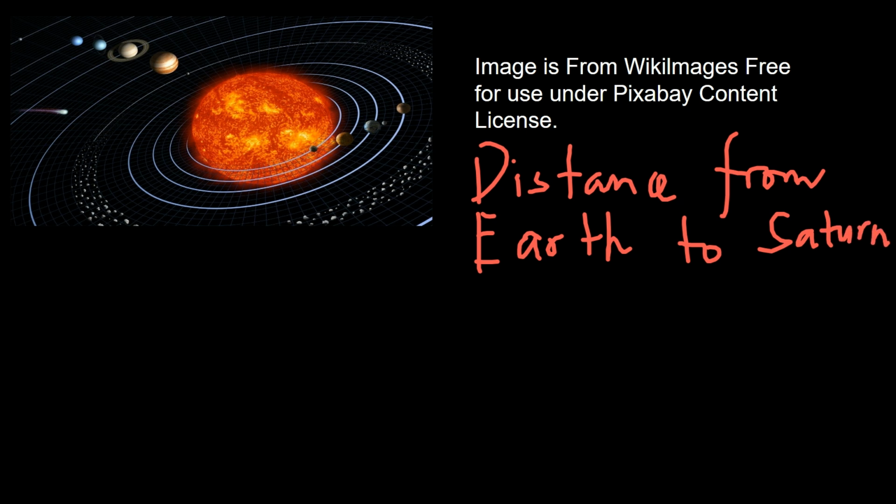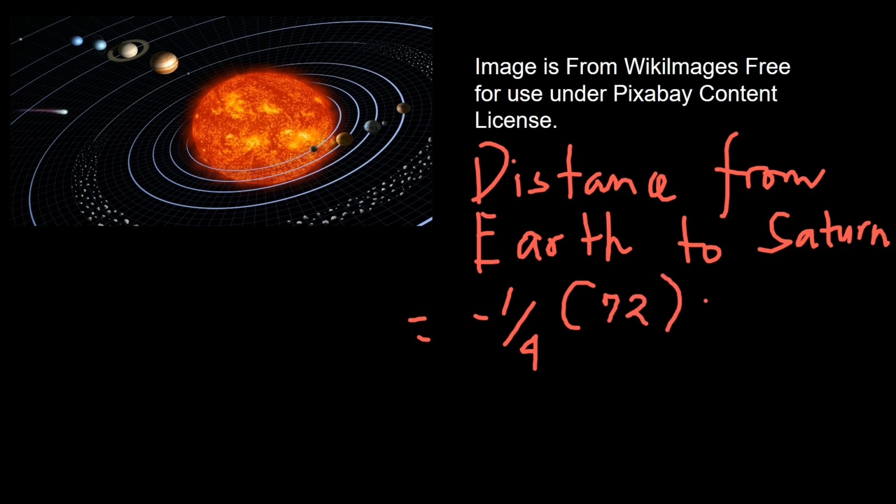This is very interesting. Now, based on the given, the distance from Earth to Saturn is equal to negative one-fourth of the distance that we got, the distance from Earth to Mars, which is 72.